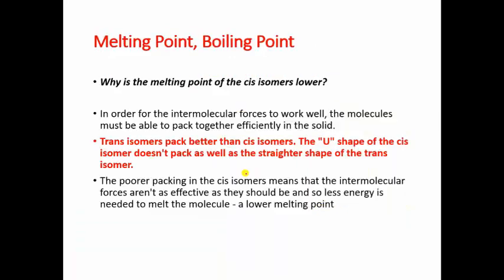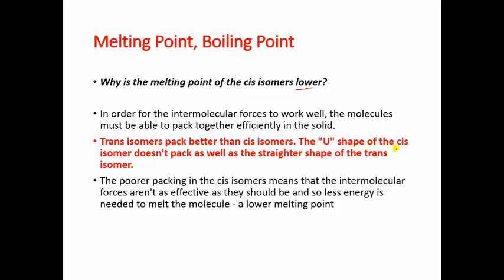Another example, for melting point: why is the melting point of cis isomer lower? In order for the intermolecular force to work well, the molecules must be able to pack together efficiently in the solid. Trans isomer packs better than cis isomer.